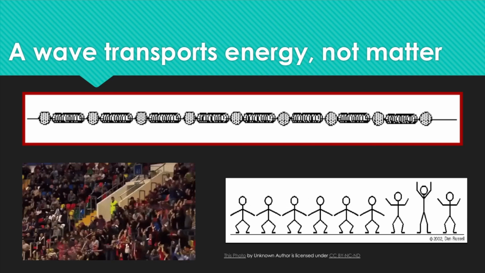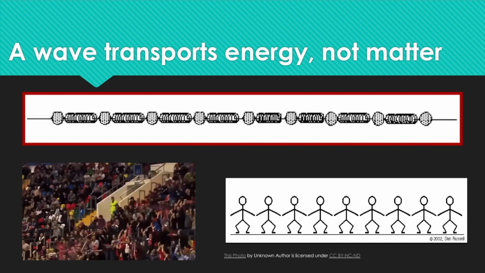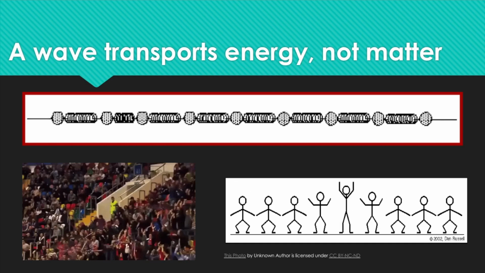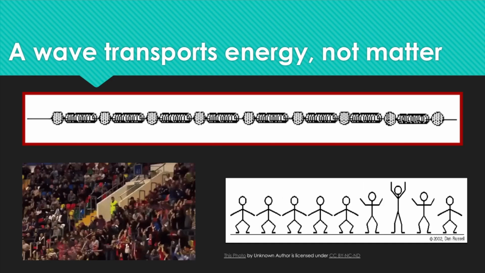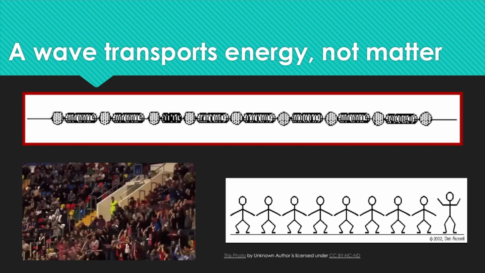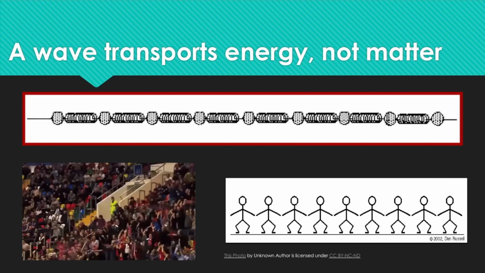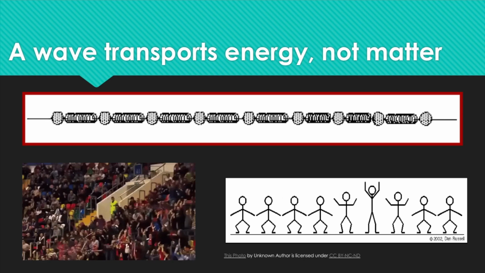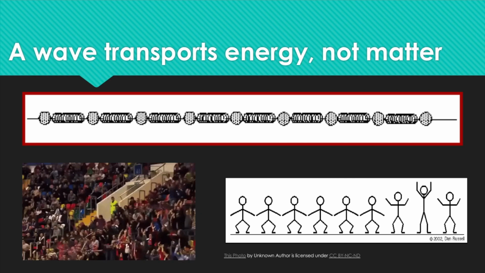And overall, there's a movement from left to right, and that's the energy that's moving, not the matter. In the image below that, the people going up and down to create a stadium wave are also not moving left to right. The wave overall is moving left to right, and that's the energy that's moving. The matter, the people, are just vibrating in place, up, down, over and over again.